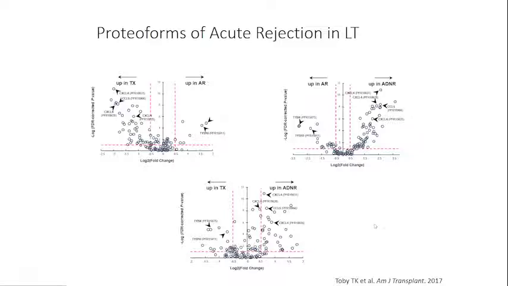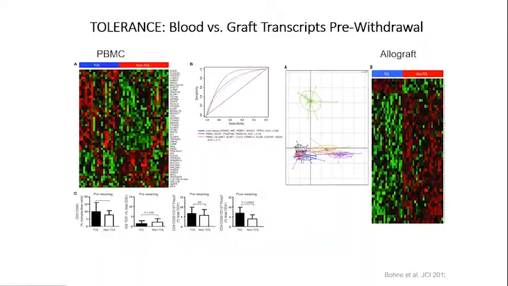But some of these proteoforms are elevated in acute rejection compared to TX, and also compared to ADNR, which is dysfunction without rejection, that cohort. And you can see that there are differences. So we're very interested in proteoforms or proteins that are a result of gene expression changes that occur in acute rejection or TX.